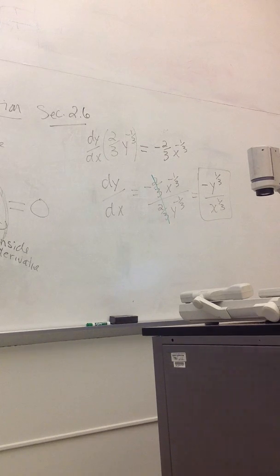Like right now, if I tried to find a point that's on here, I'm probably going to struggle a little bit. But the easy ones to find are the places where the derivative didn't exist. Okay, so that's the premise of implicit differentiation.